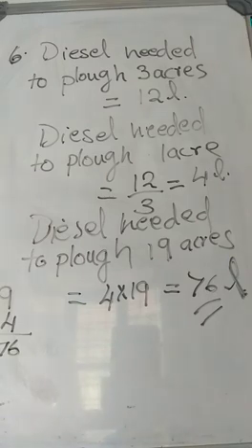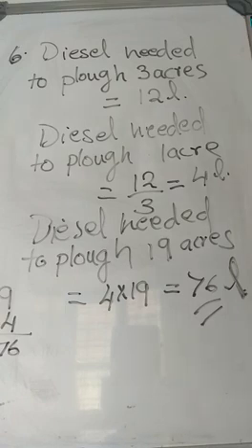A pond in a field holds, so 1 pond holds 1,20,000 liters. Okay. So how many ponds will be required to store 4,80,000 liters of water? And what would be the expense?